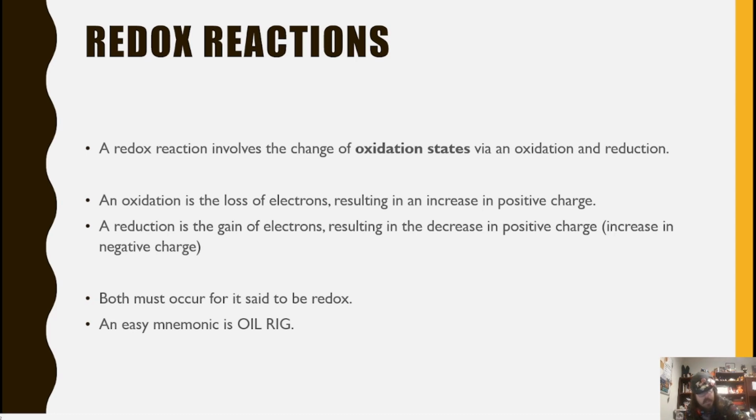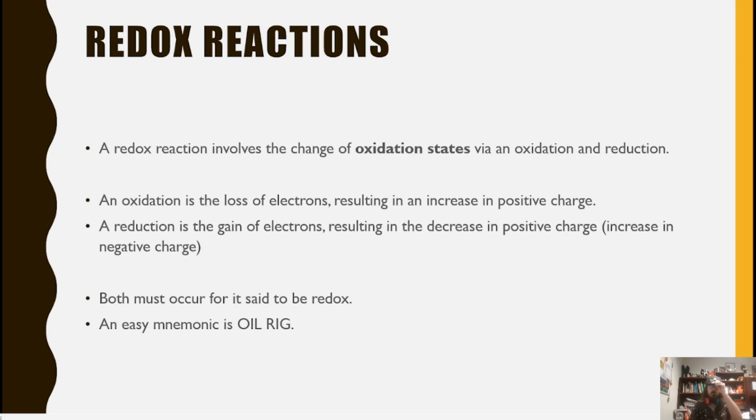Now, it could be the same type of element. They could be splitting apart, but they could also be different elements. Now, oxidation is defined as the loss of electrons, and this results in the increase of the positive charge.